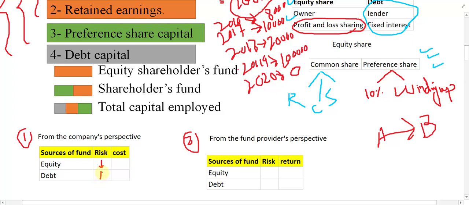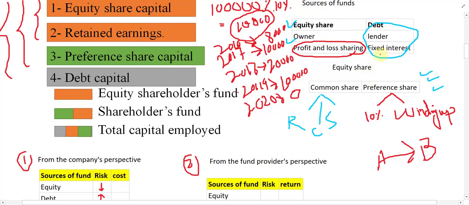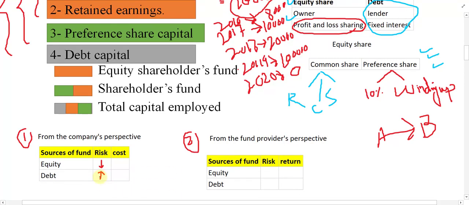But the risk for this group of fund is more from the company perspective. Why? Because they receive a fixed rate of interest. Whether the business made profit or not, they will receive it. So definitely the risk is more. But regarding cost, the cost of debt is less from the company perspective.